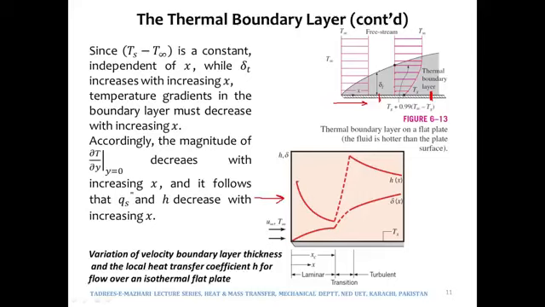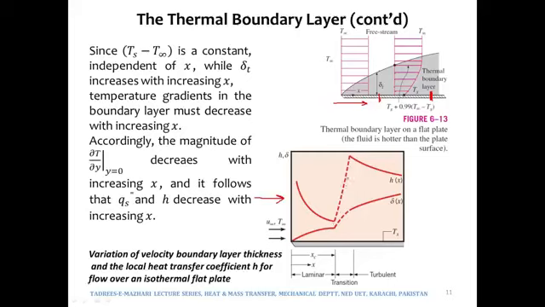So the heat transfer convection coefficient will continuously decrease, and it will reach a certain value, and then the same trend will be followed in the turbulent region. In laminar flow, h was on a decline, and in the turbulent region you can see that h is still on a decline.